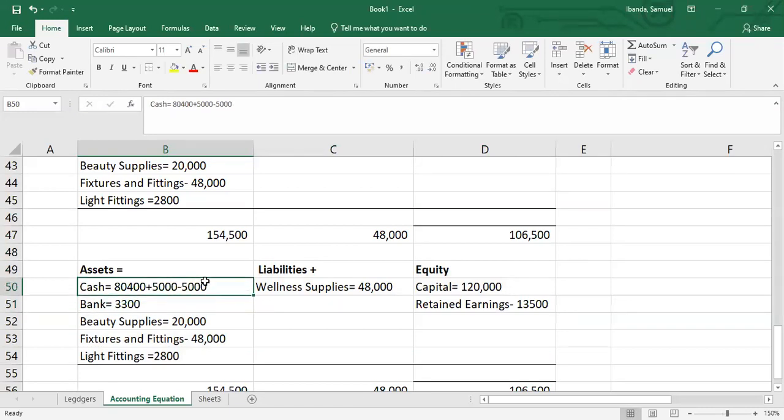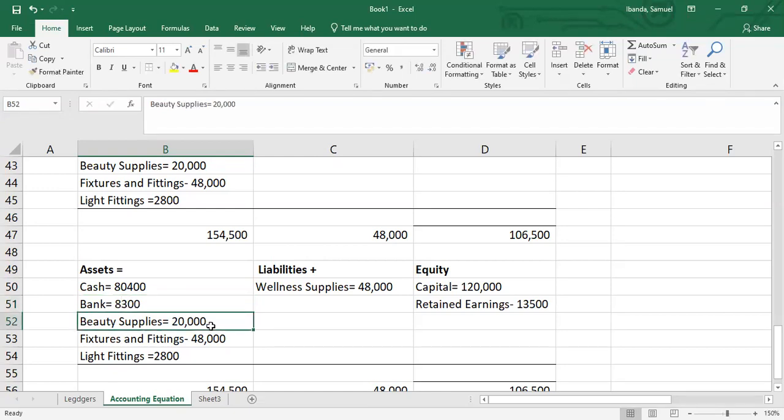So there is no effect on cash. That is why my cash will remain at the same amount. Bank will increase by how much? By the 5,000 that we are banking. So my bank will now become 8K 300.